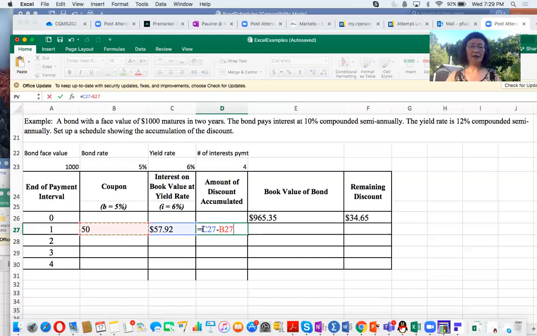Again, I need to modify this formula. So this is $C, and then $B. So that is the amount of discount accumulated.